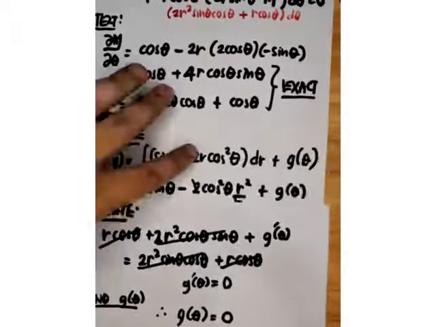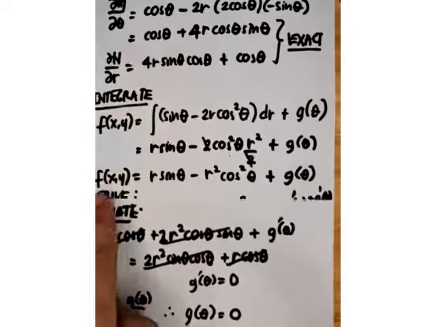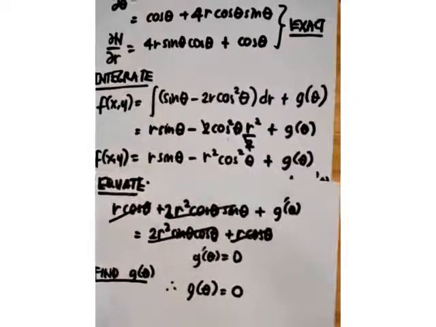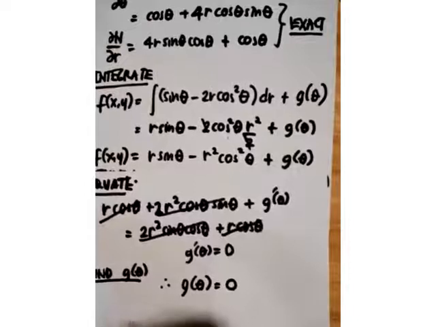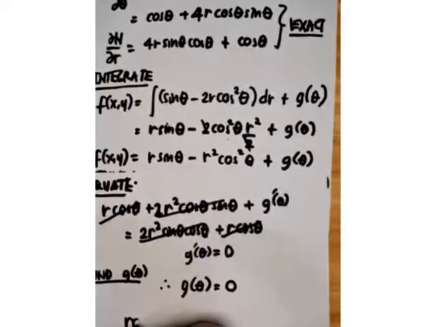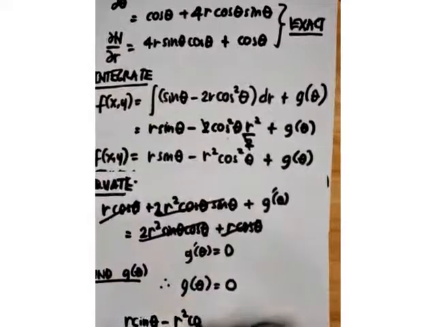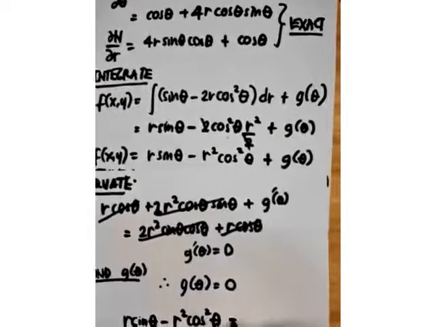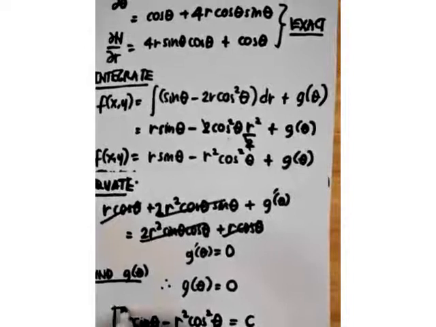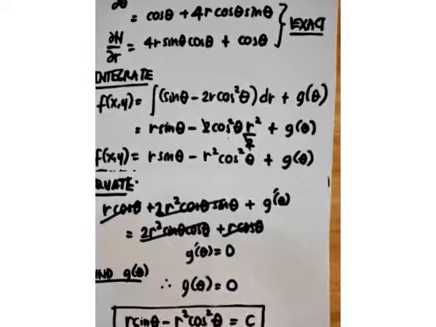Okay, pag nakuha na natin yung g of theta, balik tayo dun sa function mula dun sa integrate part. So therefore, ang sagot natin is r sine theta minus r squared cosine squared theta is equal to c. So this is our general solution.